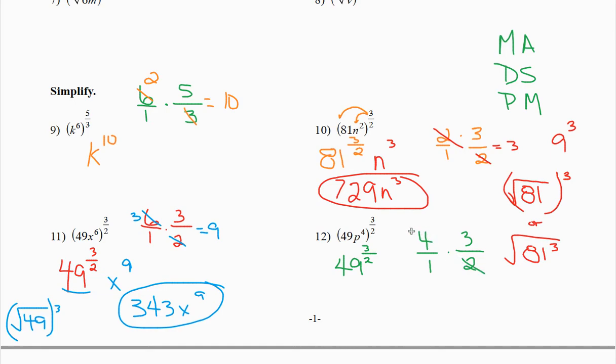The 2 goes into 4 2 times. 2 times 3 is 6. So this becomes p to the 6th power. And we've already determined that 49 to the 3 halves is 343.